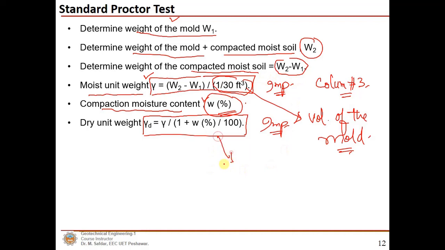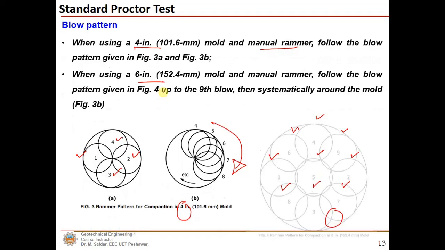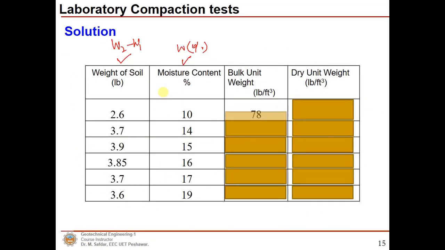And column number 4 can be obtained using this equation, where we use the information from column number 3. So if we solve this problem, we can obtain the bulk unit weight.